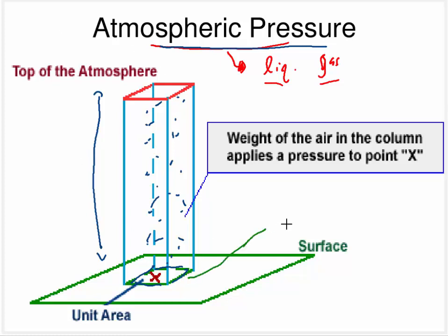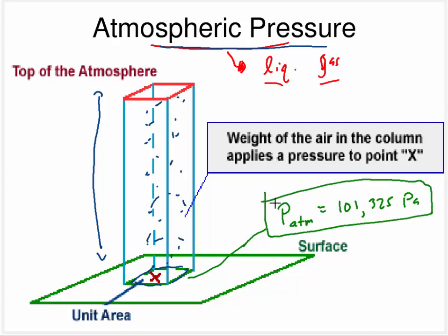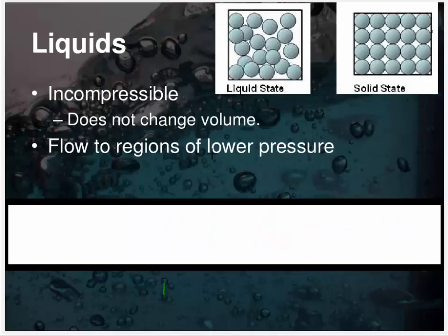So here we are at the surface of the Earth, and we're going to feel pressure due to the atmosphere, and it's actually 101,325 pascals, about 10 to the 5th pascals. The pressure due to the atmosphere is actually quite a large number, and I'll talk a little more about this in the next chapter.